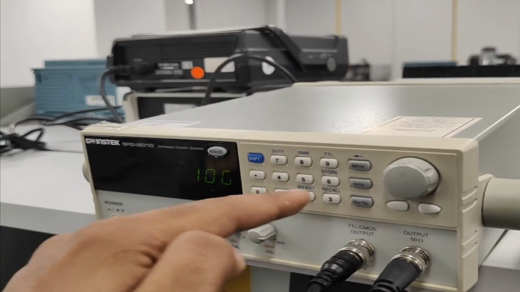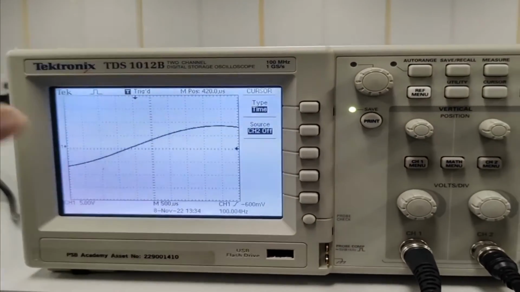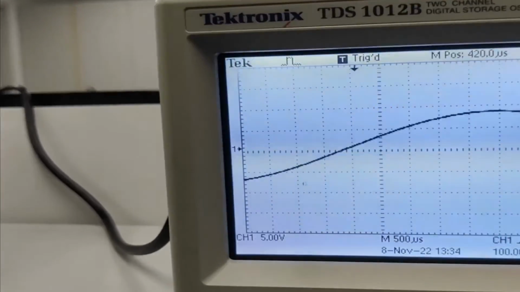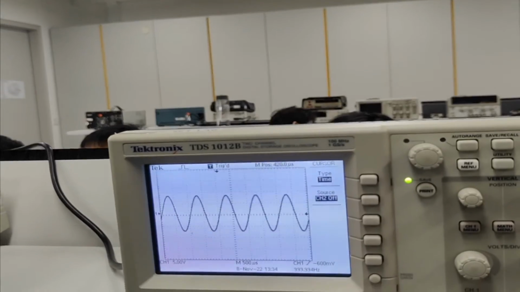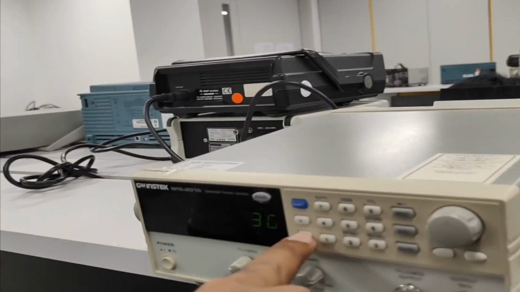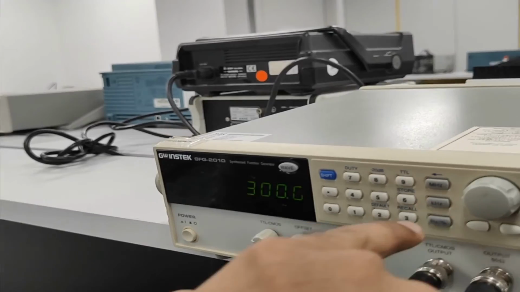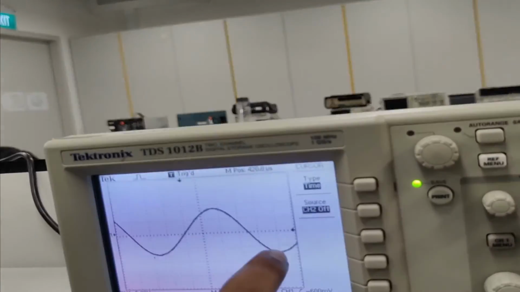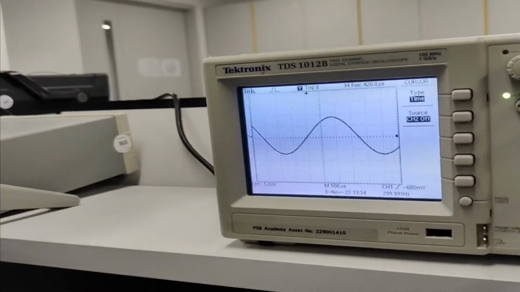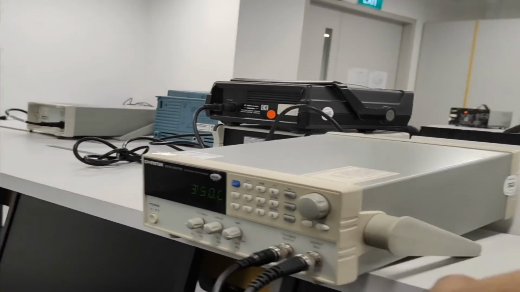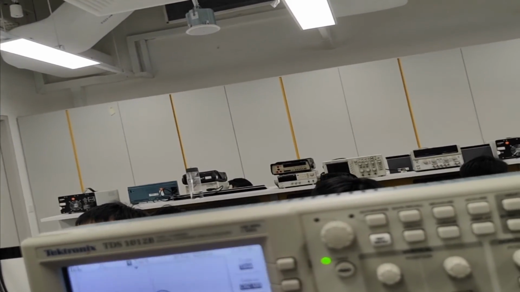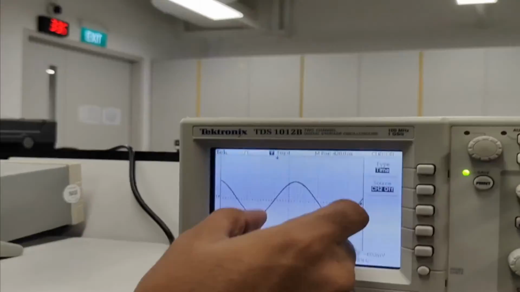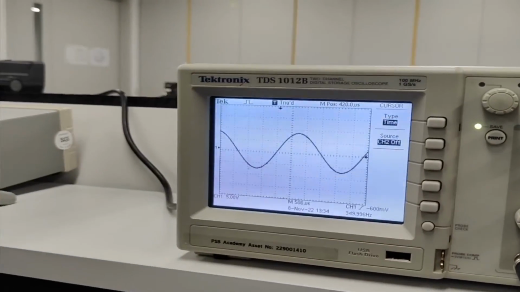If I give 1 kilohertz, you can see the full wave. At 350 hertz we get one entire wave, peak to peak.